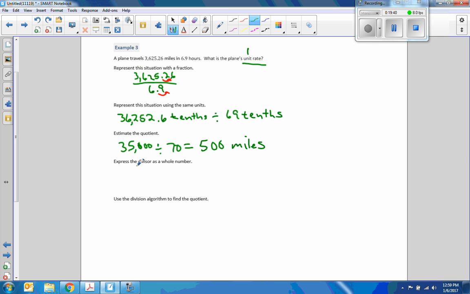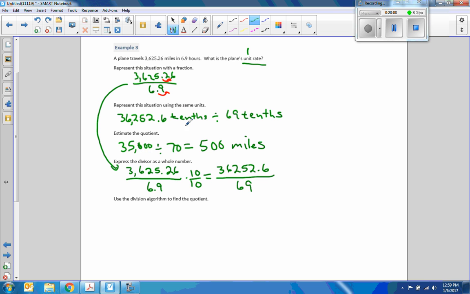Now it says to express the divisor as a whole number. So now we're going to bring this problem down here, and it's simply repeated. 3,625.26 over 6.9. We're going to multiply by 1 decimal place, which requires a 10. And that is going to give us 36252.6 over 69, which is really what we did here, and just didn't use the word tenths.